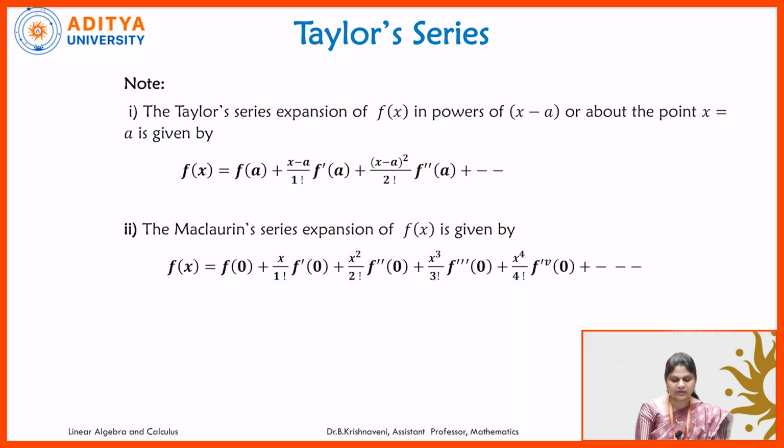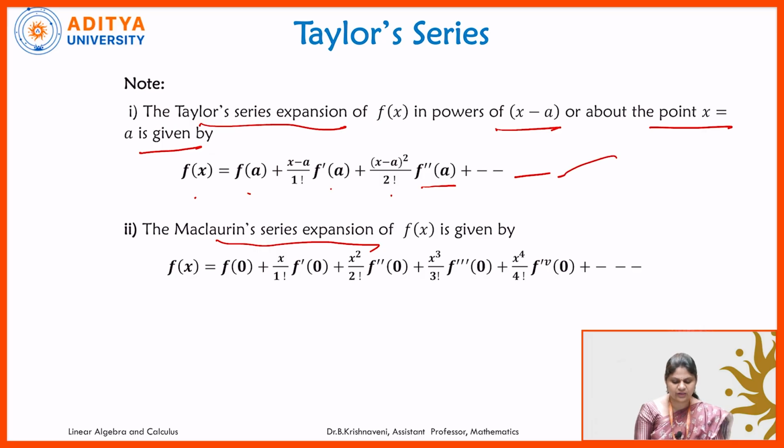Now from that we get the Taylor series expansion and the Maclaurin series expansion. The Taylor series expansion in powers of x minus a, or about the point x equal to a, is given by f(x) = f(a) + (x-a)/1! f'(a) + (x-a)²/2! f''(a) + and so on. This gives the Taylor series expansion, and from that we get the Maclaurin series by taking a equal to 0 in the above.